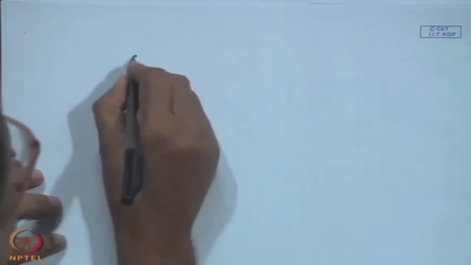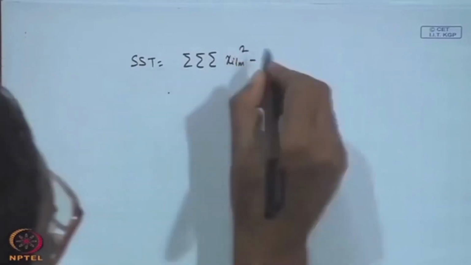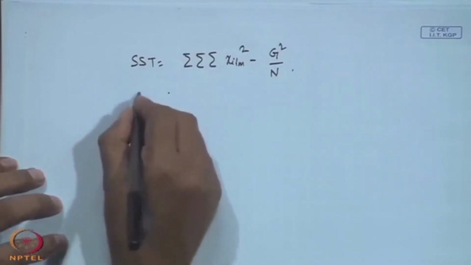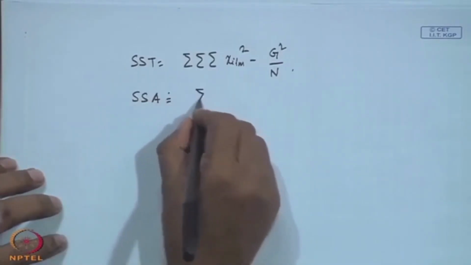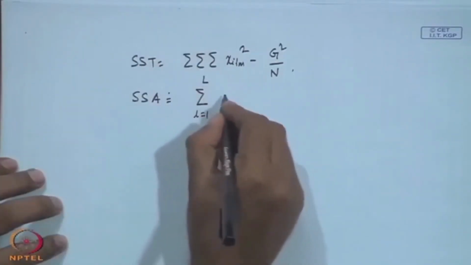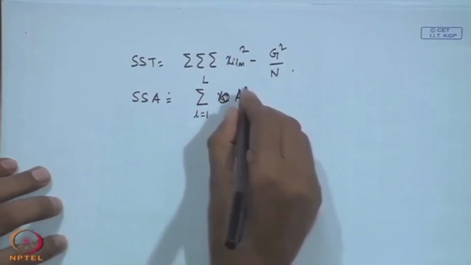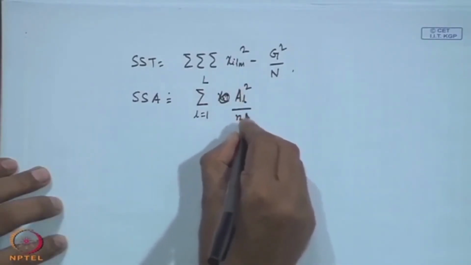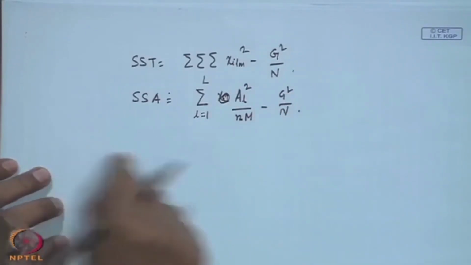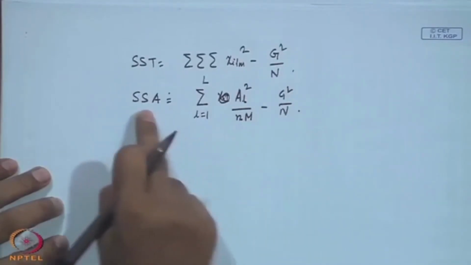SST is the sum of X_ILM squared minus G squared by N. When you talk about SSA, you are considering only the rows, so the sum over L equal to 1 to L of A_L squared by N M, minus G squared by N, because against each row we are not considering the B factor effect.